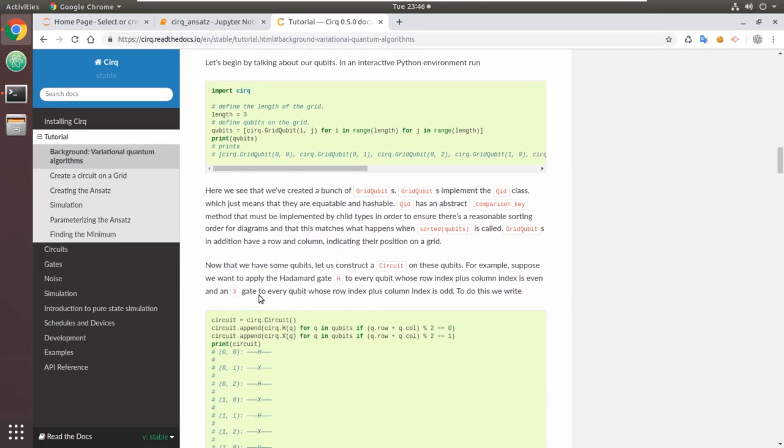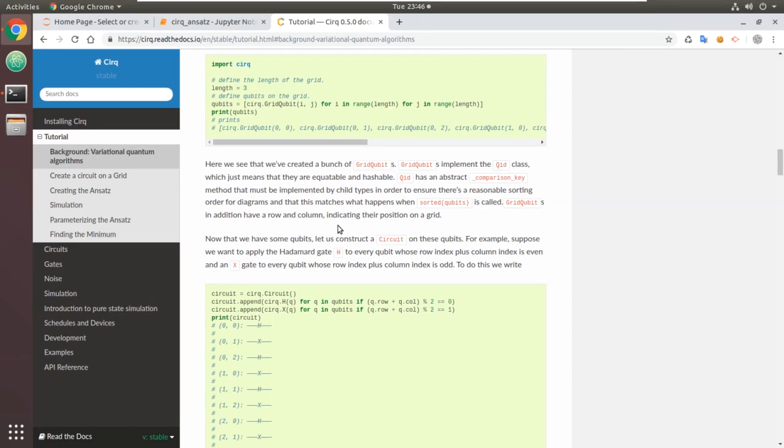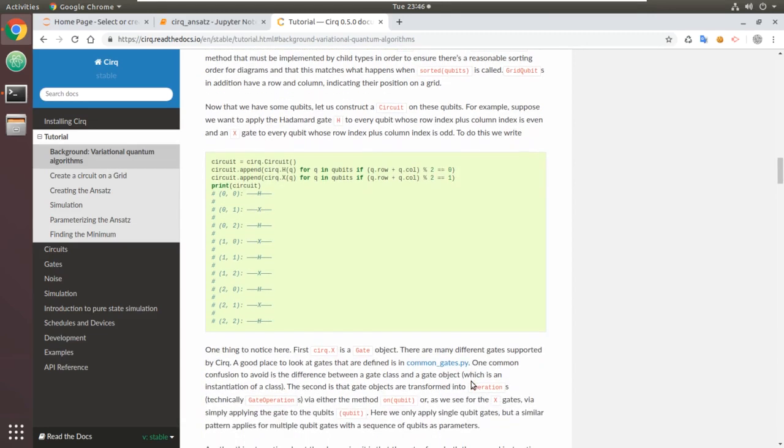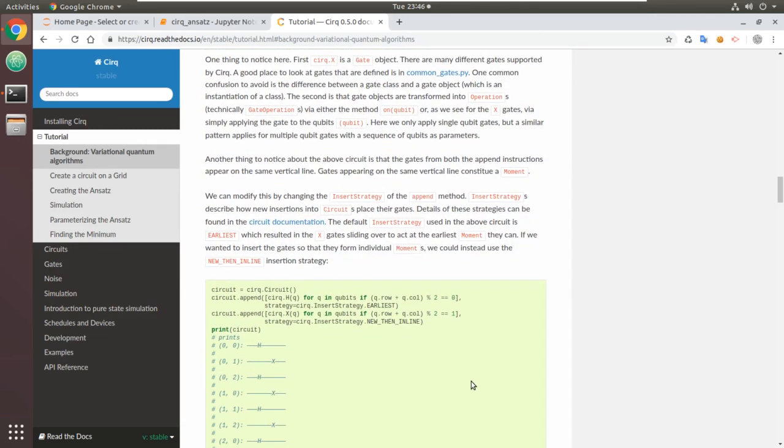And if you imagine you have them on a grid, that also defines which qubits can interact with each other. I think that's the reason why this is in here. I was a bit confused about why you would define them in a grid, but now I realize that's probably what makes sense.